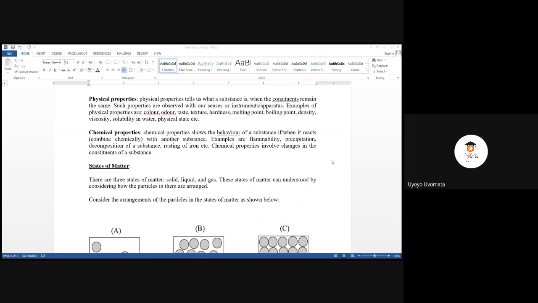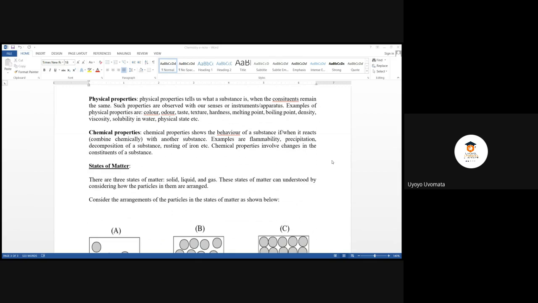When we use the word reacts in chemistry, we mean a substance is combining with another substance to form something new. That's the meaning of the word react. So another word for it could be chemical combination. When we say something reacts, it means it is combining in a chemical way with another substance.